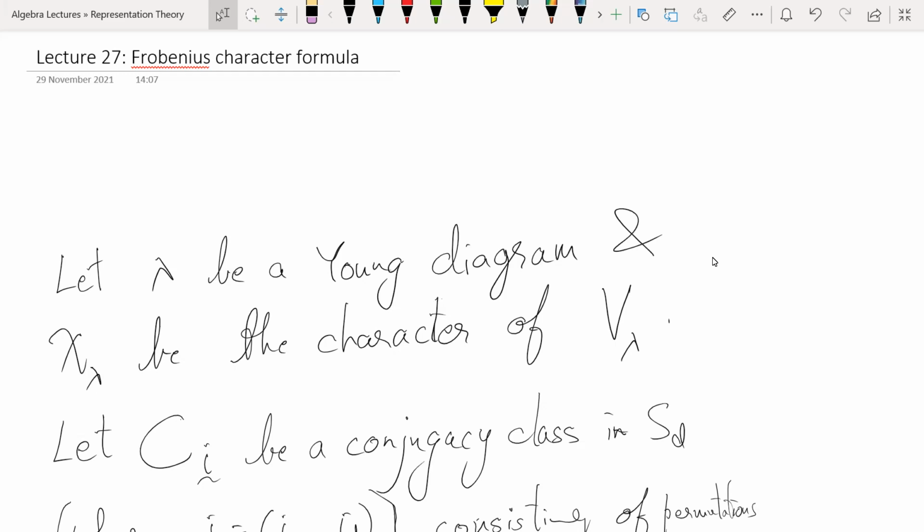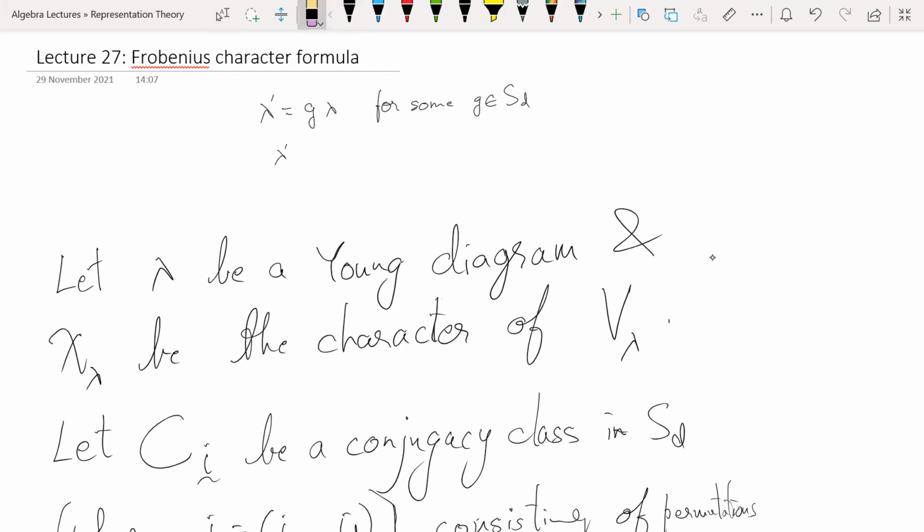In fact, I gave you more like a heuristic proof using the fact that there are only so many irreducible representations, but you can actually give an isomorphism. If lambda and lambda prime have the same Young diagram, you can write lambda prime as g lambda for some g in S_d.